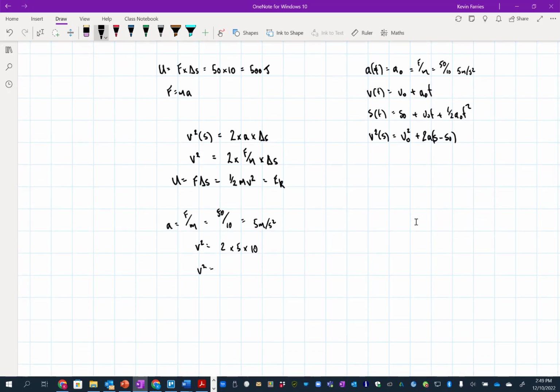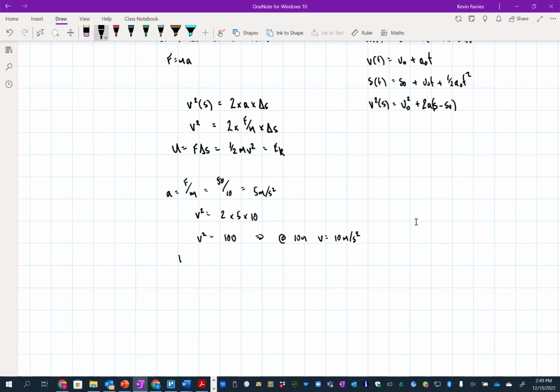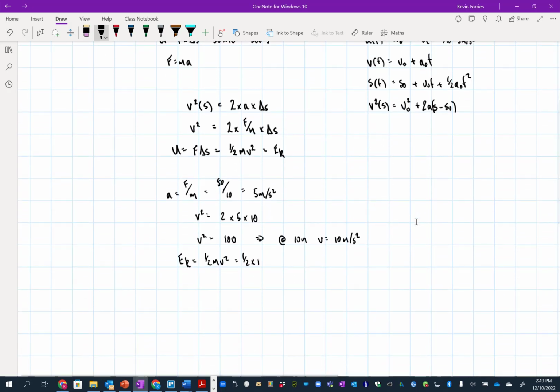So v squared is going to be 100. Therefore at 10 meters, the velocity would be 10 meters per second, and the kinetic energy is going to be a half m v squared, which is a half times the mass of 10 times the velocity 10 squared, so it's 5 times 100, which is 500 joules.